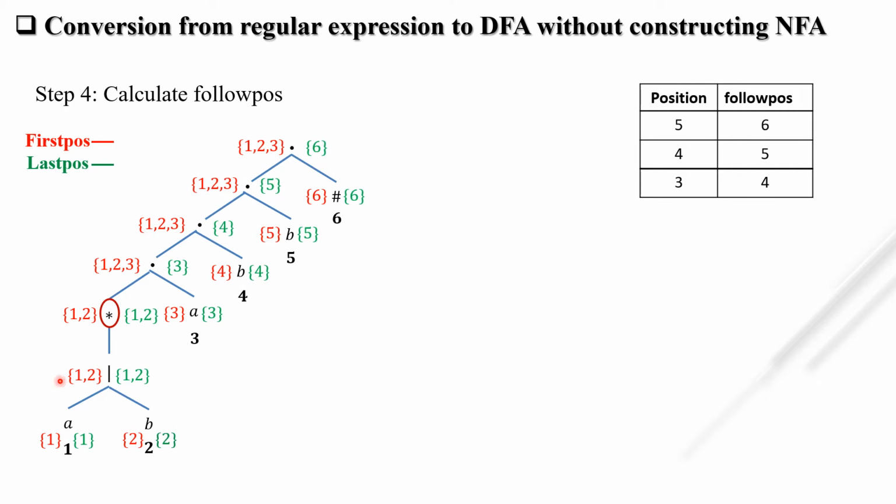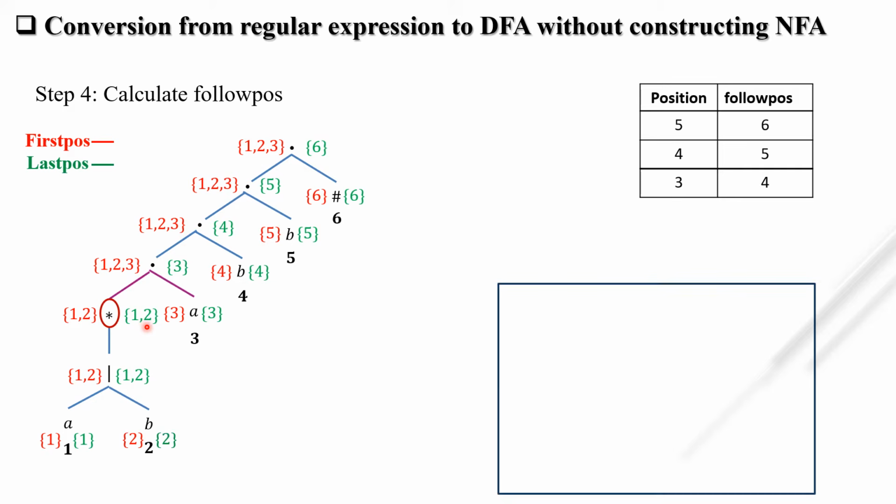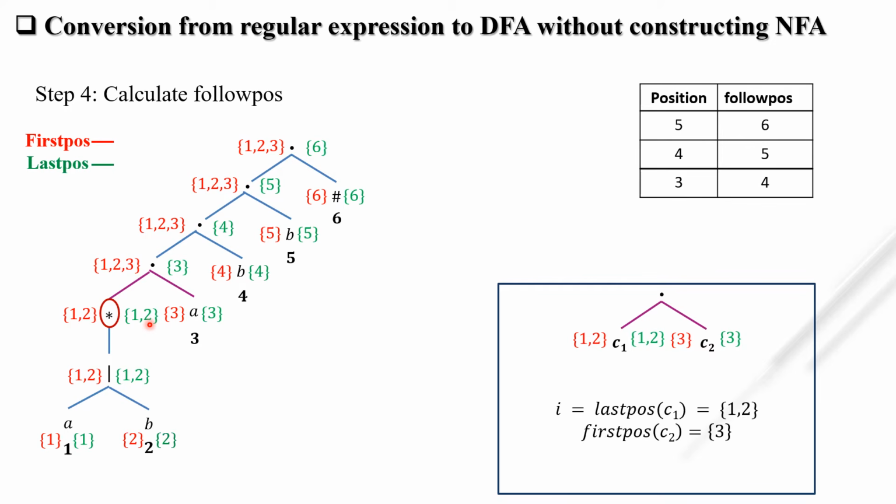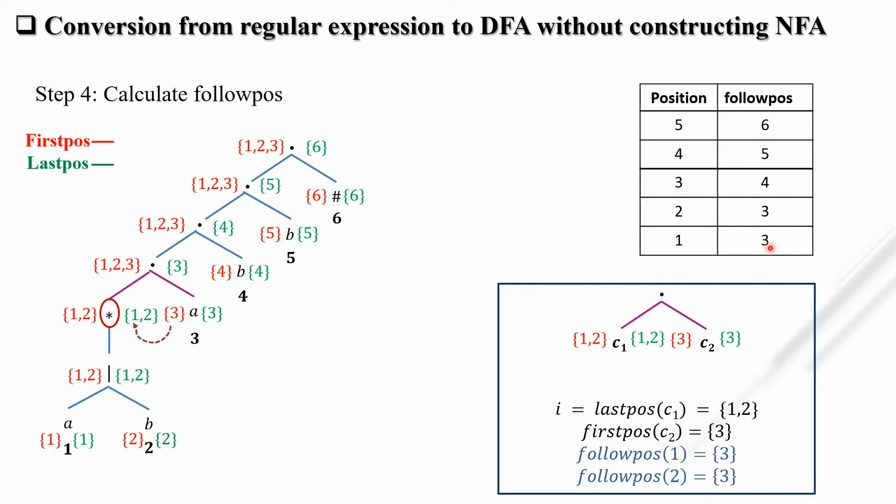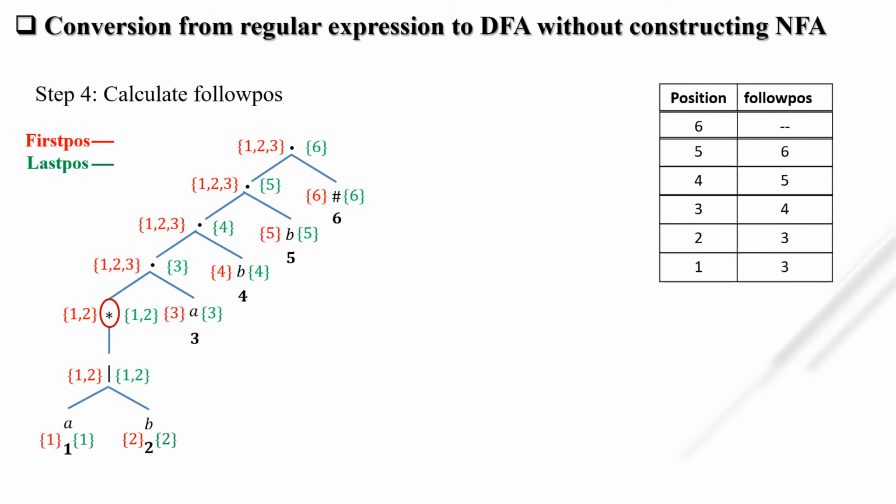So we have to put this 3 at position 1 and 2. So at position 1 and 2, what do we put? 3 at position 2 also, at position 1 also 3. So we computed the follow position for all the concatenation symbols.